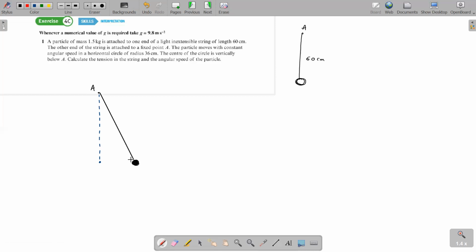It's performing a horizontal circular motion with radius 36 centimeters. The length of your string is 60 centimeters, and the center of the circular motion is directly below A. So this is the basic diagram that you first need to consider.